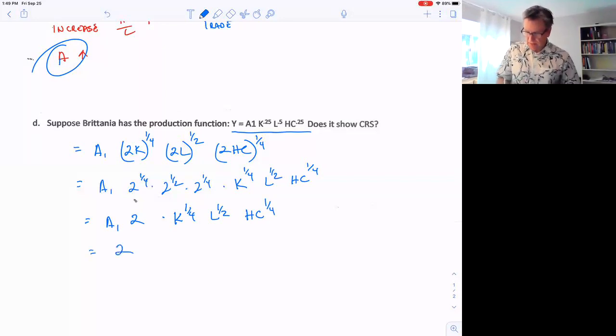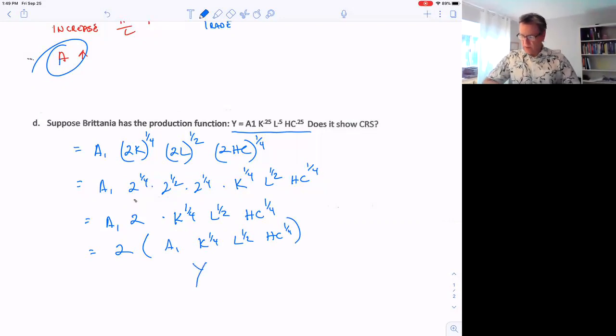And that is 2 times A1, K to the quarter, L to the 1/2, human capital to the quarter. And we know that Y was equal to A1 times K to the quarter, L to the 1/2, human capital to the quarter. So that's equal to 2Y.